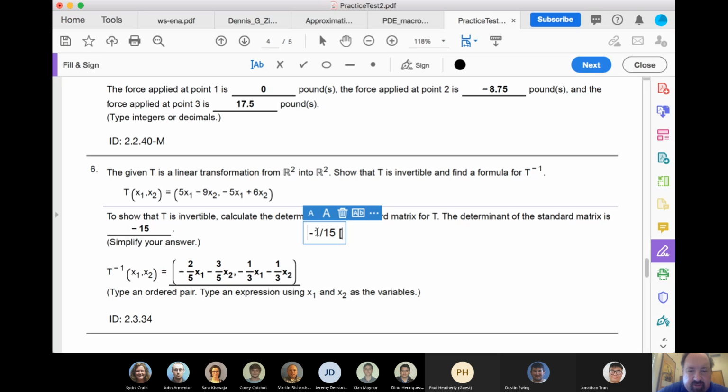So -1/15 times 6, 9. I'm basically typing out the inverse in this case that the formula would give. Okay, let's see if it'll let me move this. I guess I can add spaces.